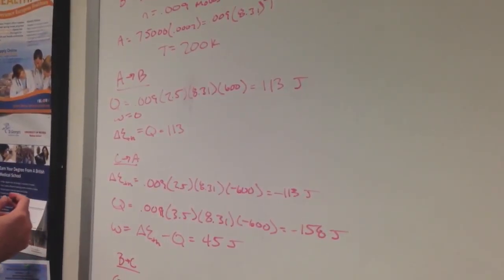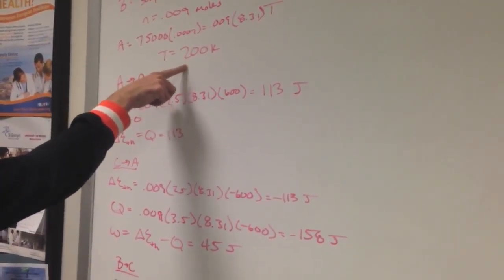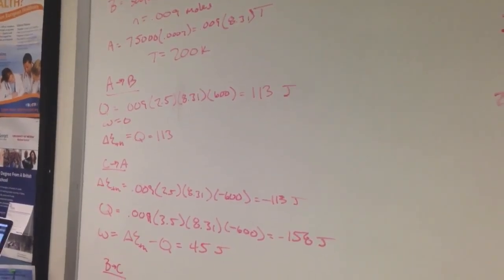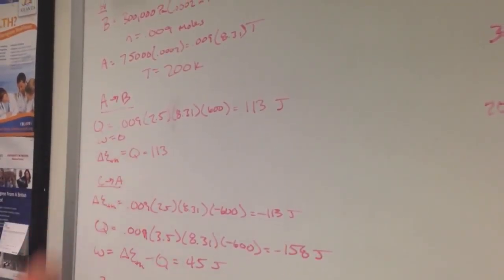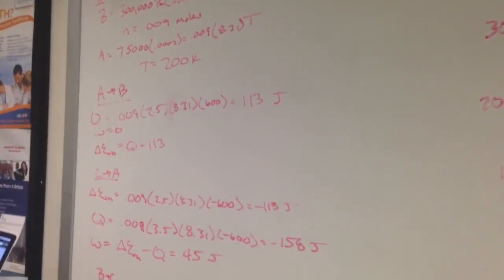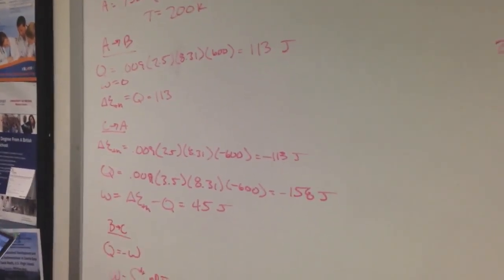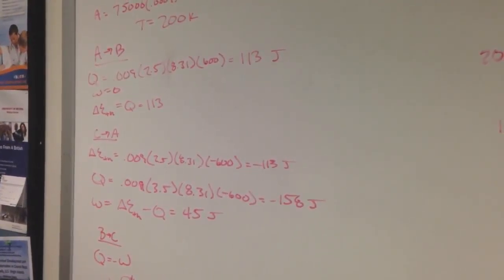We got the change in temperature from A to B, which is 600. We know the moles at 0.009, and we're given CV initially in the problem. And that will be equal to 113 joules.